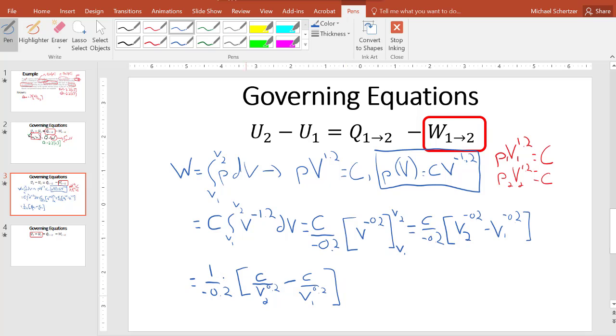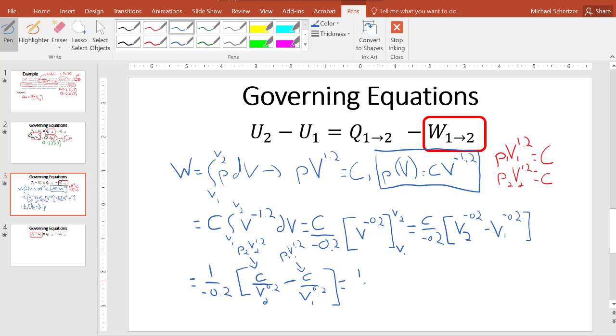But now I've got two different values for c. Over here, c is going to be p2 v2 to the 1.2, and over here it's p1 v1 to the 1.2. Both of these are true, but by using the different expressions here, I can simplify the volume terms.